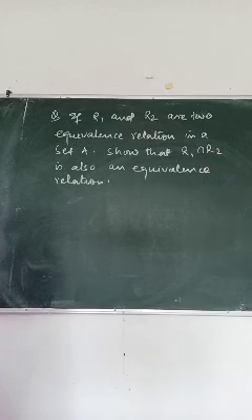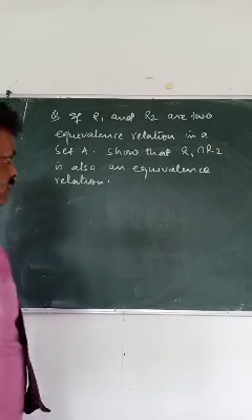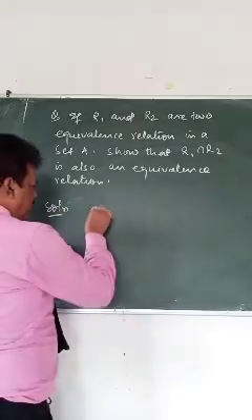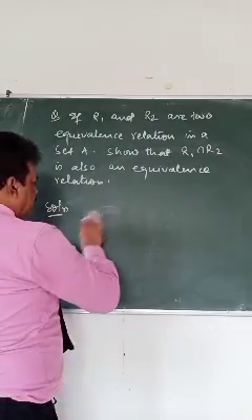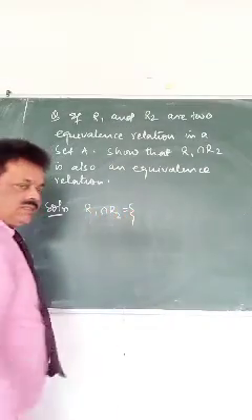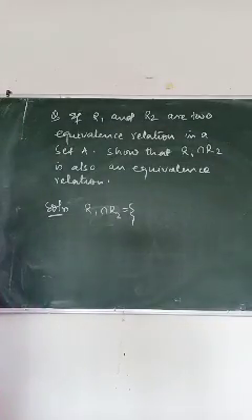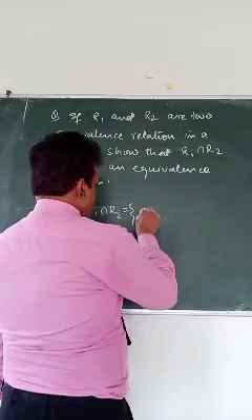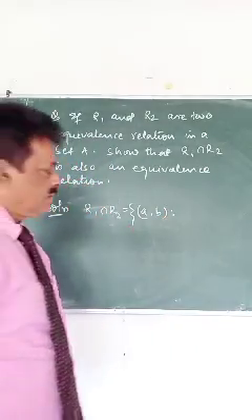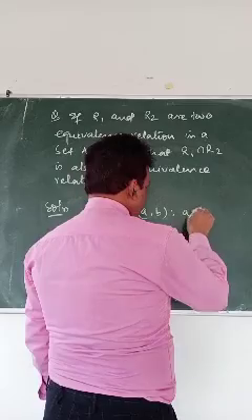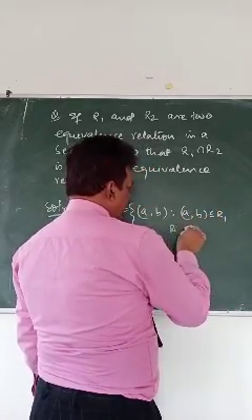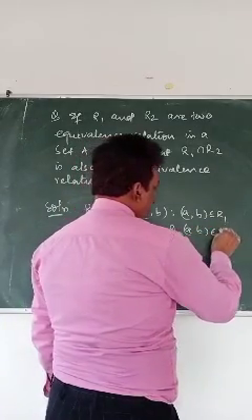Suppose, what is R1 intersection R2 for AB? R1 intersection R2 means the set of all ordered pairs (a, b) such that (a, b) belongs to R1 and (a, b) belongs to R2.